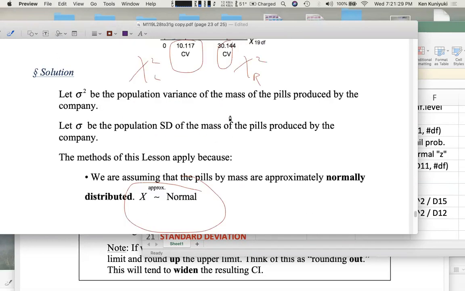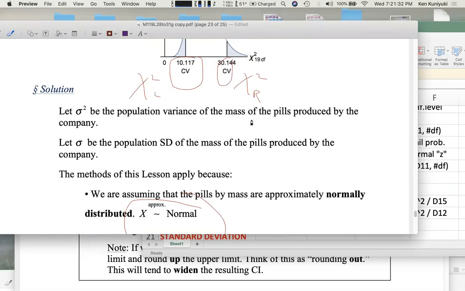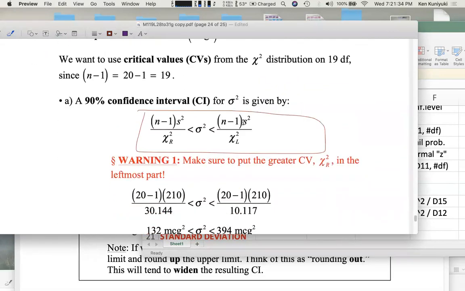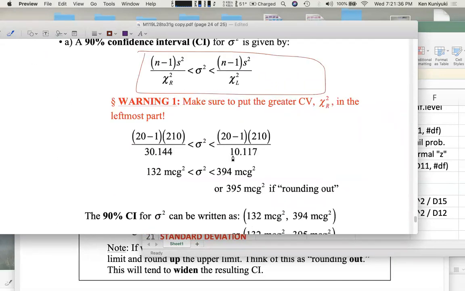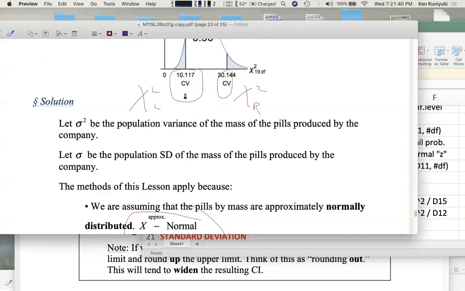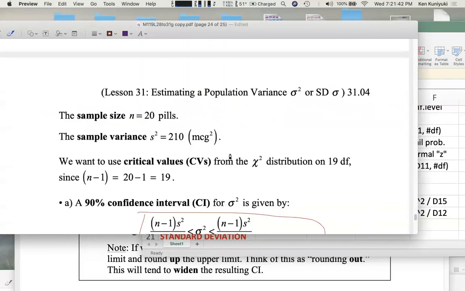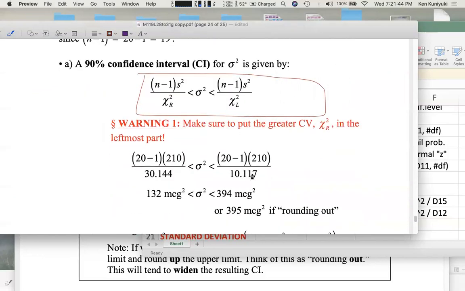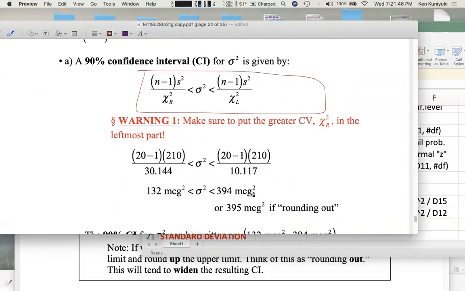That was the bigger number over to the right, the 30.144. Okay, that goes in the left fraction. And then over here, in the right fraction, we pick the left critical value, the 10.117. That goes over here. The tops are the same.